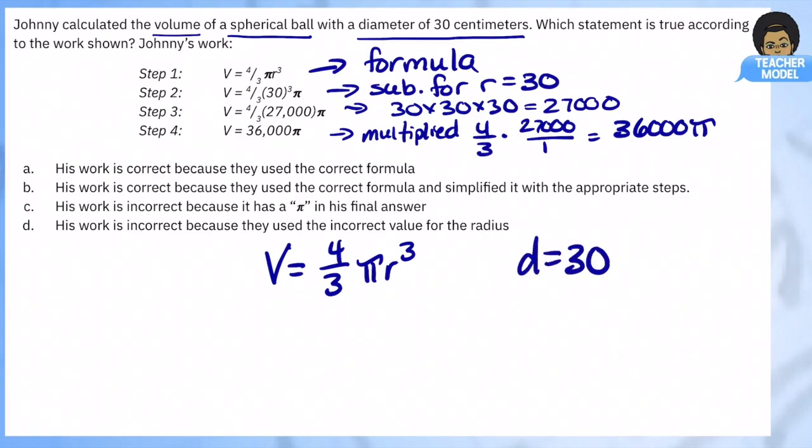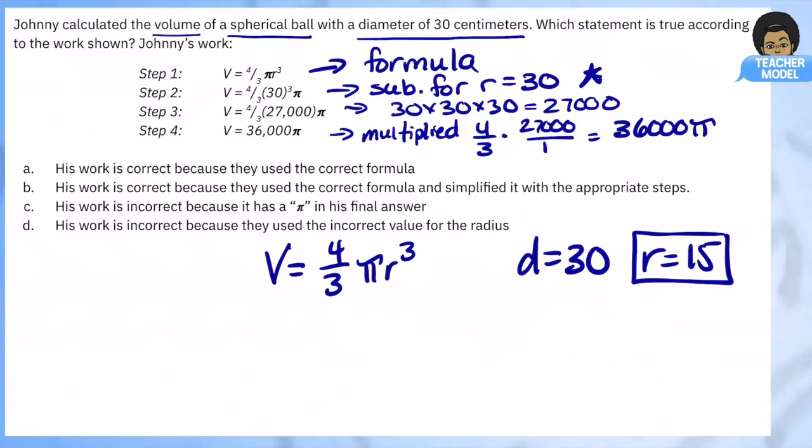What did I say in the last part? If they give you a diameter, you divide it by 2 to get your radius. So our radius is supposed to be equal to 15. That is where I disagree in step 2. Our radius should be 15, not 30.